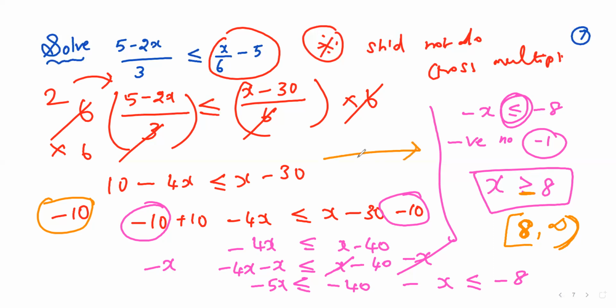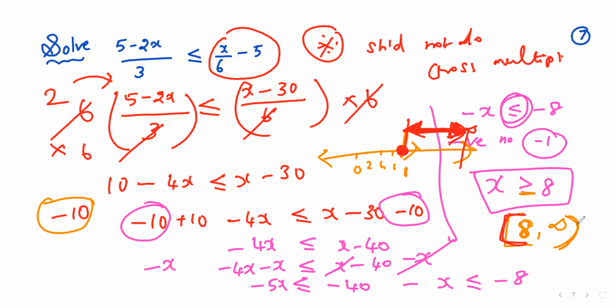Then its solution on the number line looks like this: 0, 1, 2, 4, 6, 8, and this much. 8 should be included, from 8 to infinity. Your answers are lying here. Your solution set should be greater than or equal to 8.